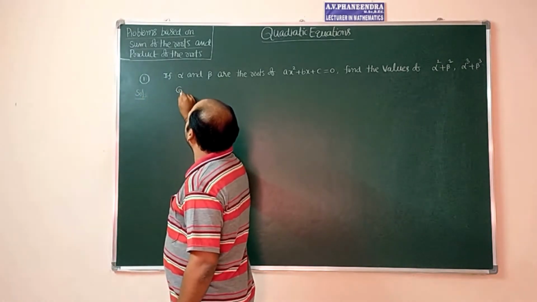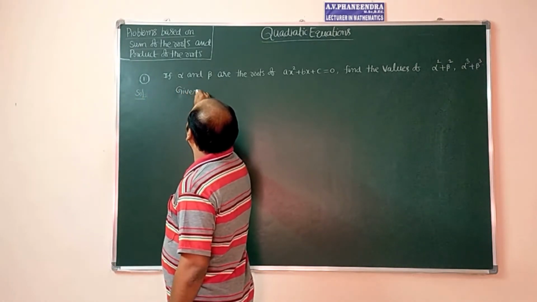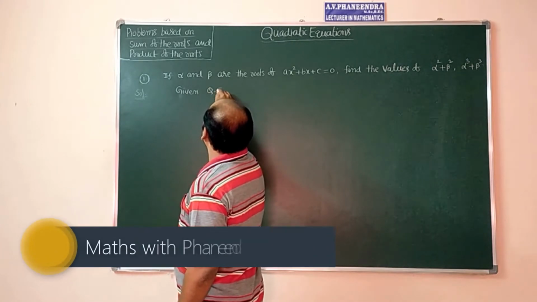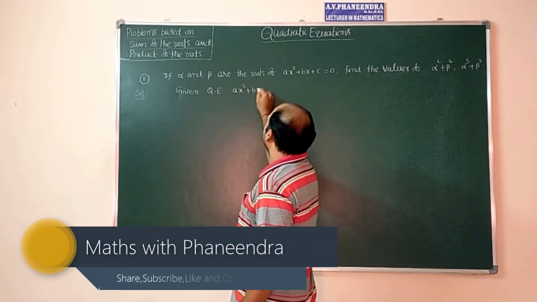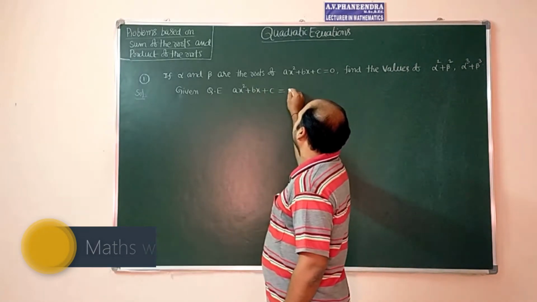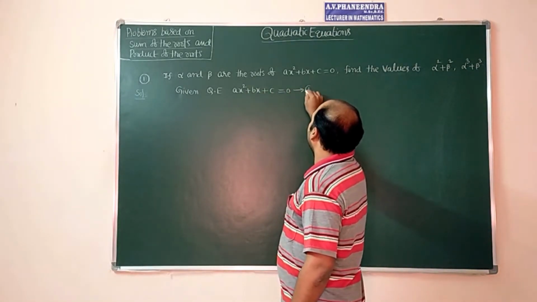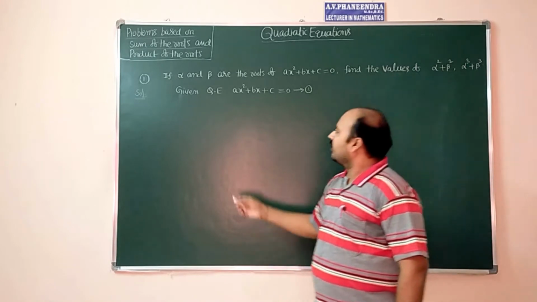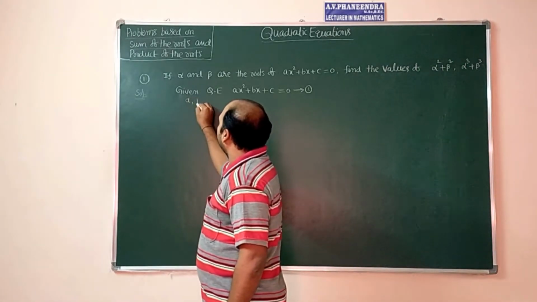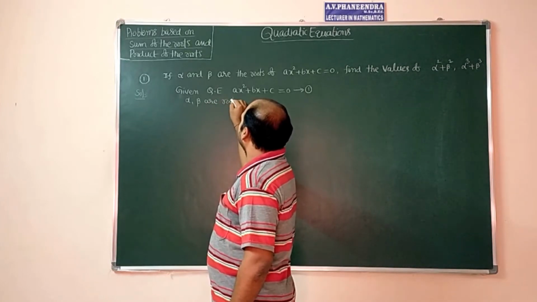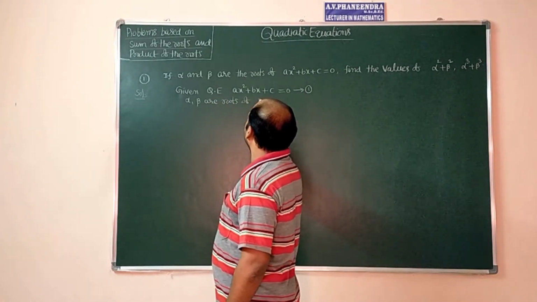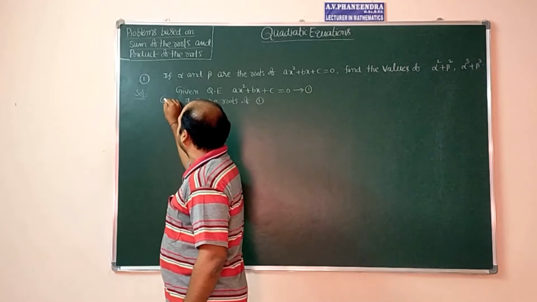Given quadratic equation ax square plus bx plus c equal to 0. First step, put that as equation number 1. Alpha, beta are roots of equation 1. This is given.